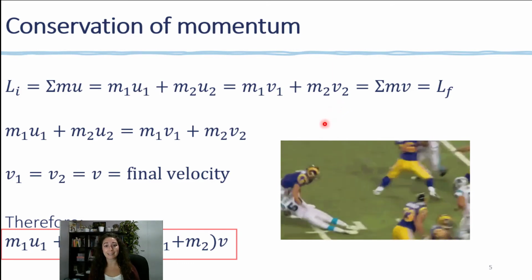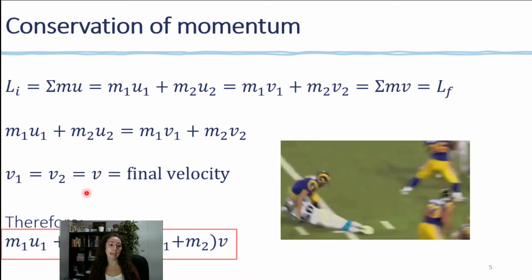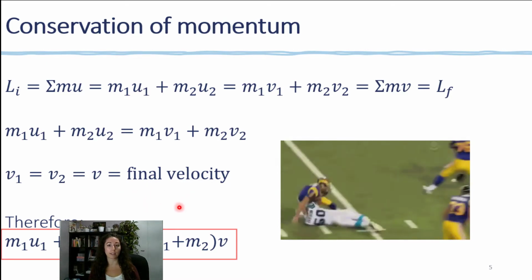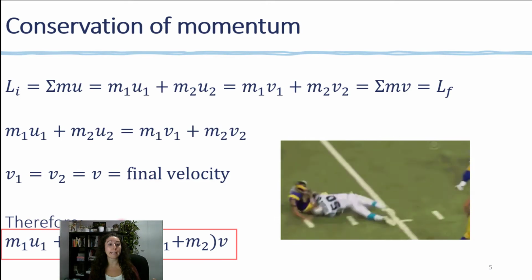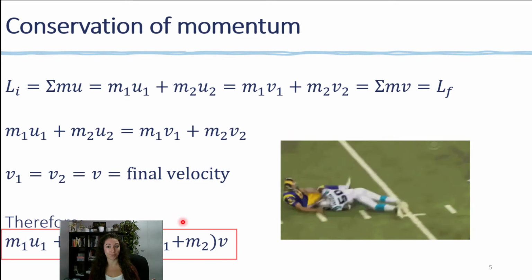So in an inelastic collision, we can refer to the post-collision velocity just as v for the final velocity. So that means that that general equation can be simplified to this equation down here for an inelastic collision.